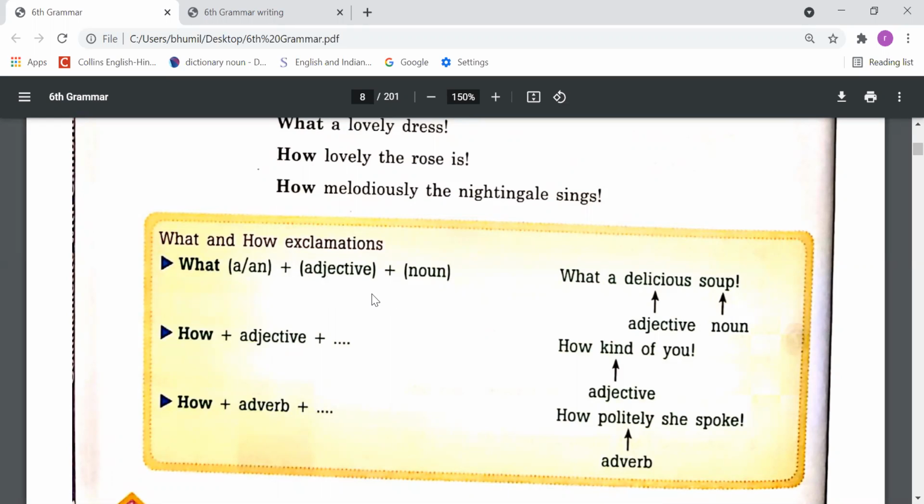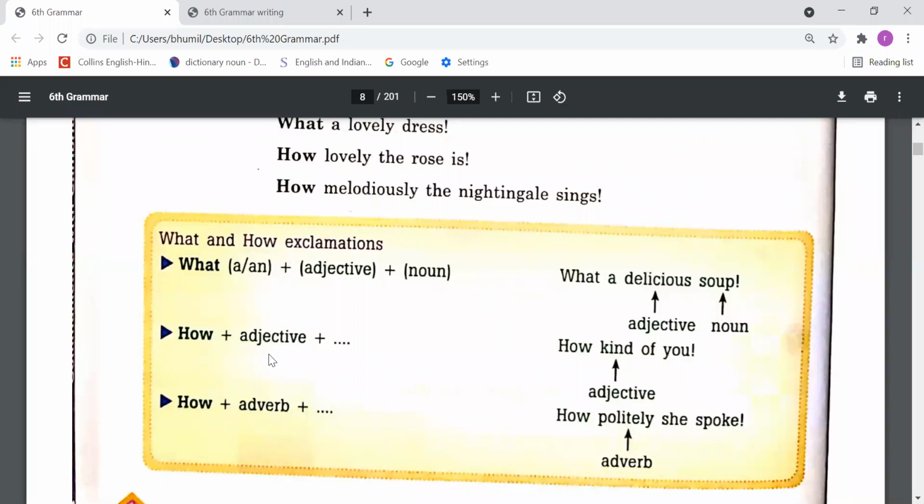Means here we need to understand, dear students, the formation of exclamatory sentences. Whenever we are going to make exclamatory sentences, first of all we need to use what, then a or an according to the sound of that noun. Then after that, if an adjective is there, we need to mention the adjective, then the noun. Like what a delicious soup, right? So a we have mentioned, and before this we have mentioned what.